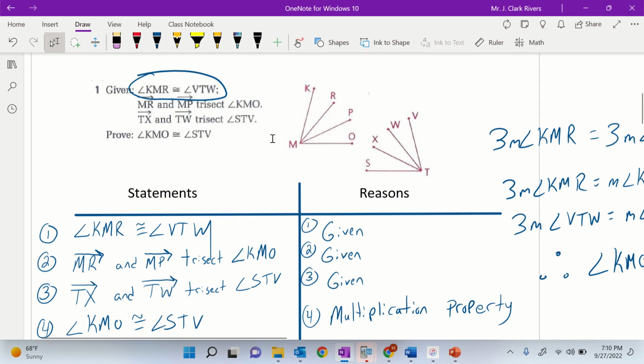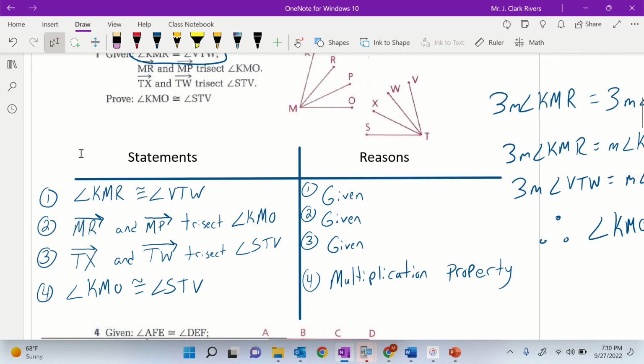That is given to us. We also have our other given information regarding the rays that are trisecting those two angles. So you see that information in the proof. I'm going to allow you to jump straight down to KMO is congruent to STV.